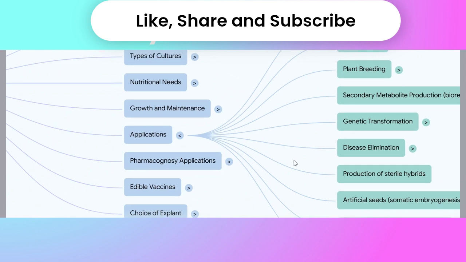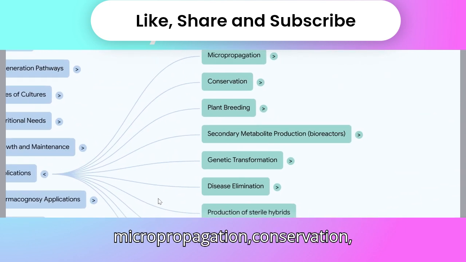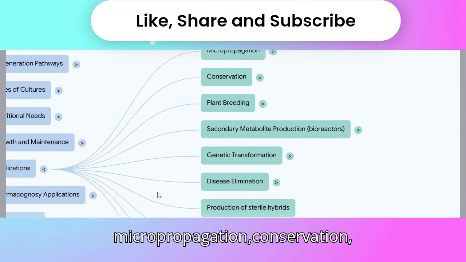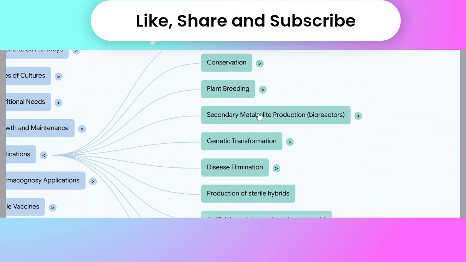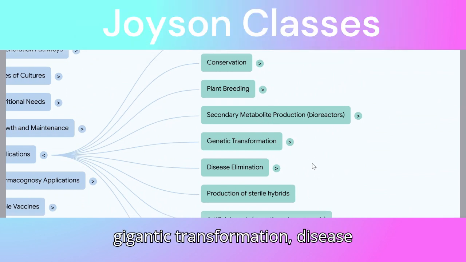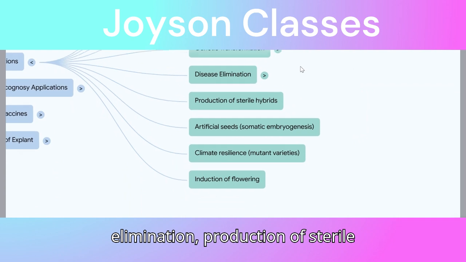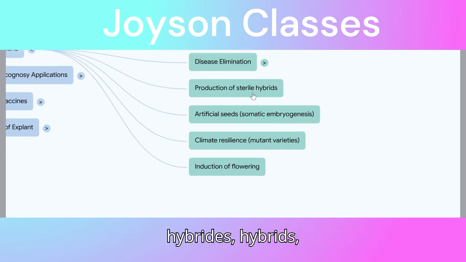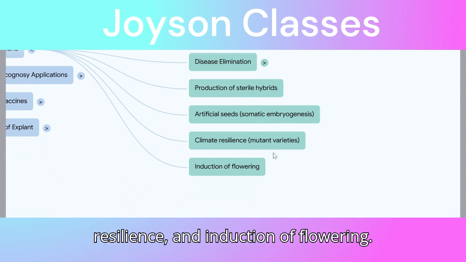Applications: micropropagation, conservation, plant breeding, genetic transformation, disease elimination, production of sterile hybrids, artificial seeds, climate resilience, and induction of flowering.